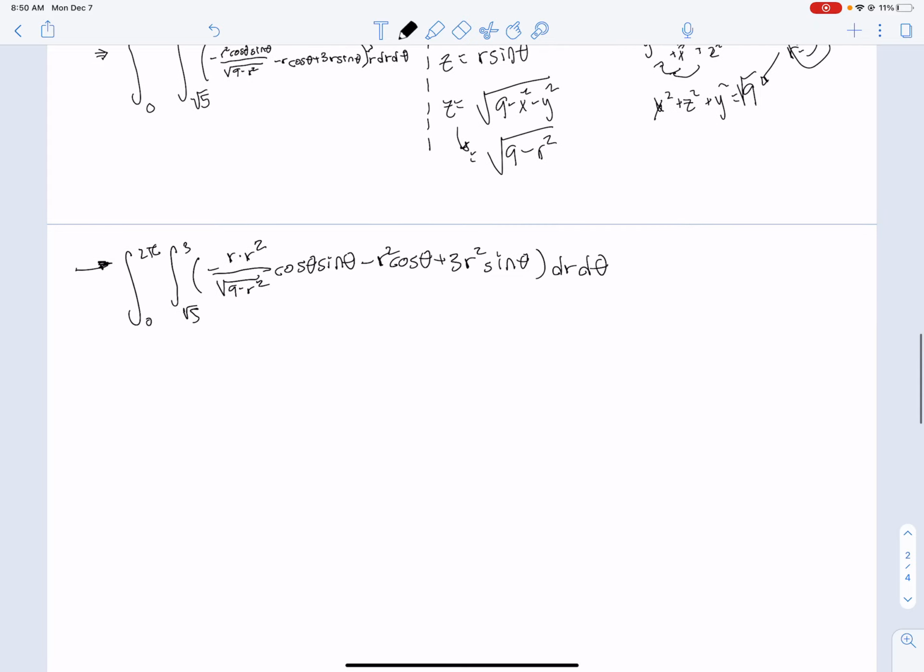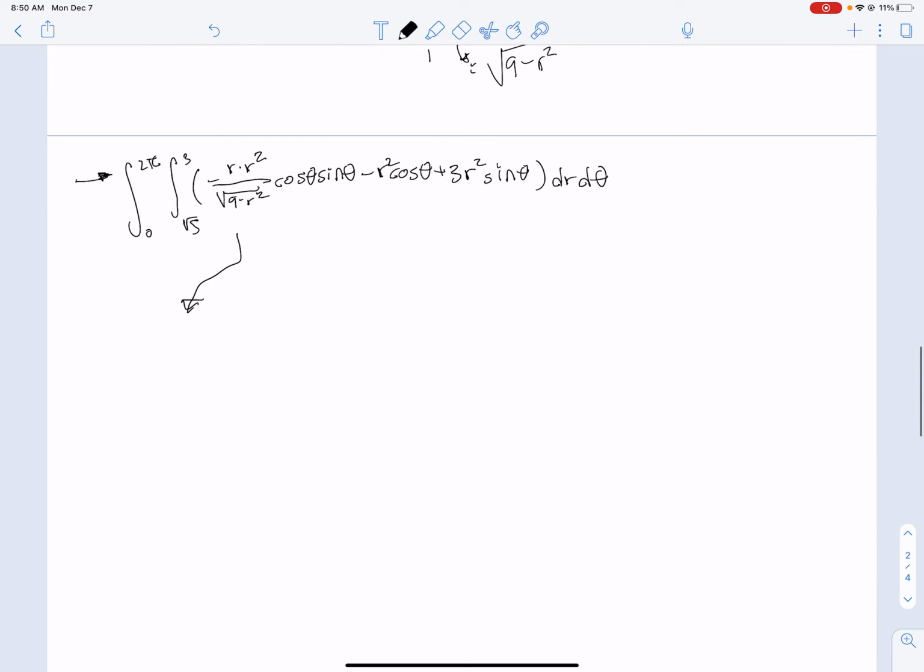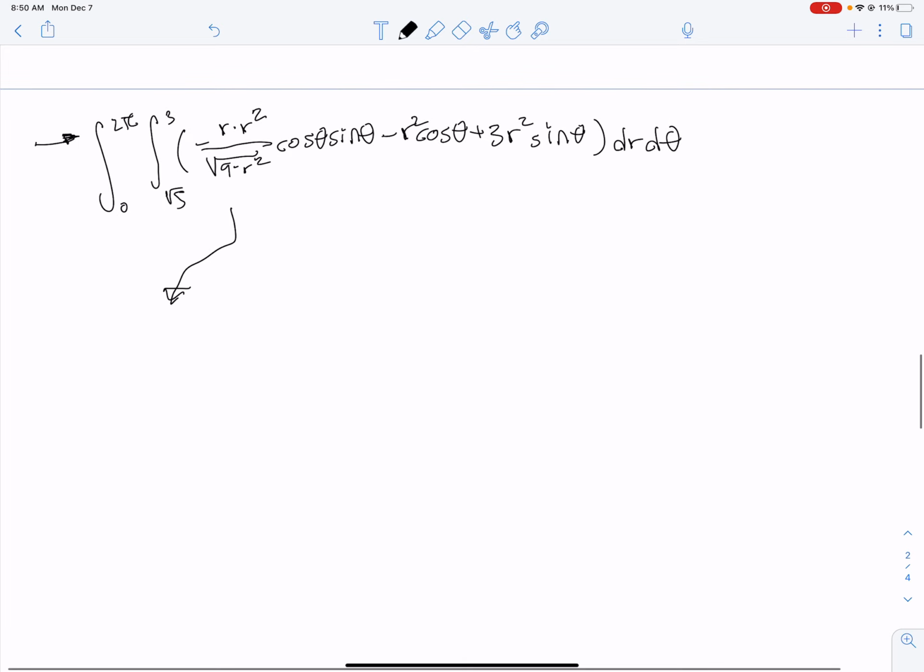Okay, so we're going to separate this into chunks. The first one mostly just needed some extra room, but the other two are easier. But for the first one, we're going to use u sub, and u in this case would be 9 minus r squared. Our du would then be negative 2r, and we can also use r again in this case because r squared is equal to 9 minus u.